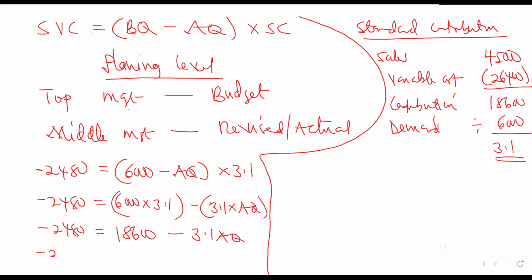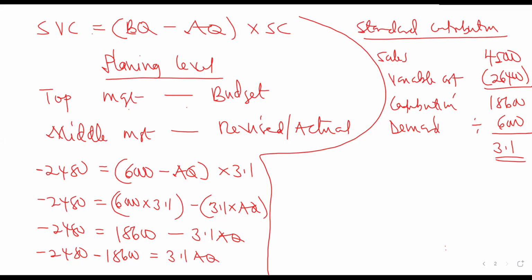So can we group items? 18,600 is equal to... this will also be minus, so we have 3.1 AQ. The 3.1 will also be minus.